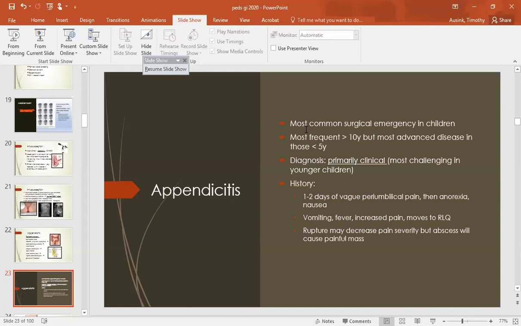And that's still not a left shift if they're all mature. When people really start to get crappy, right before they're going to die, they'll kick out all these bands and metas. If I start seeing somebody kicking out like 20% bands, they're going to die the next day.